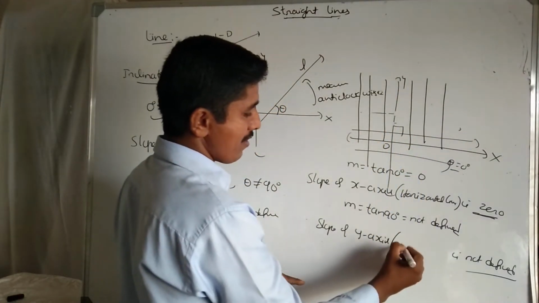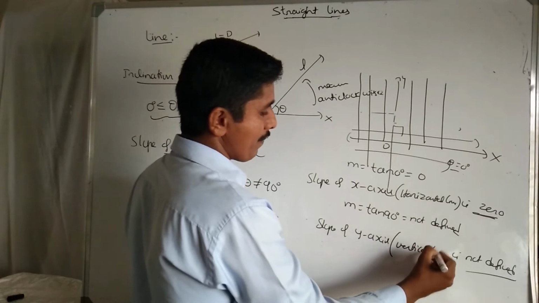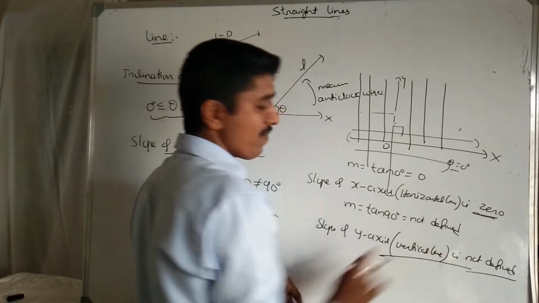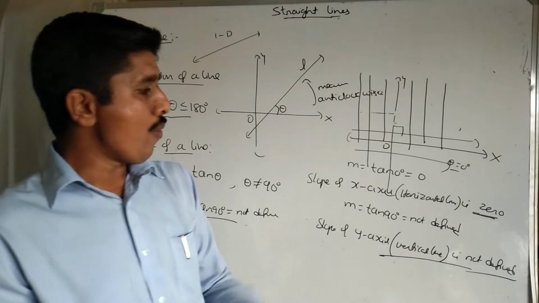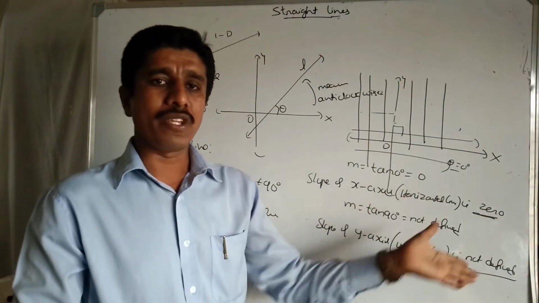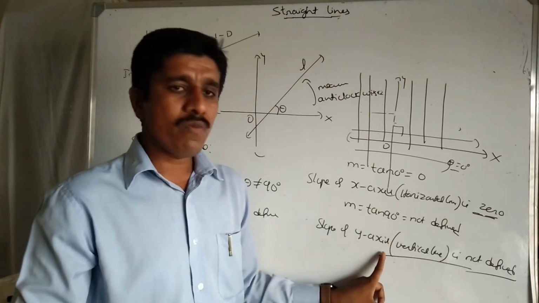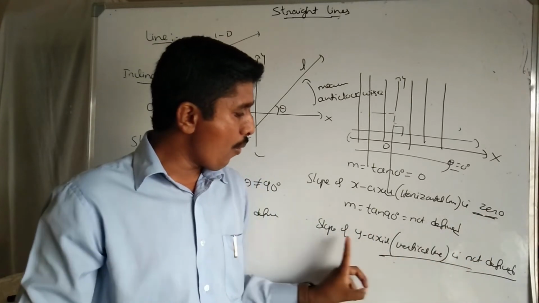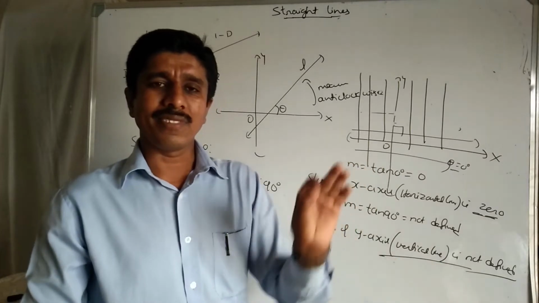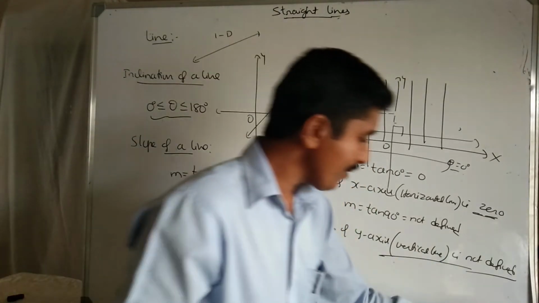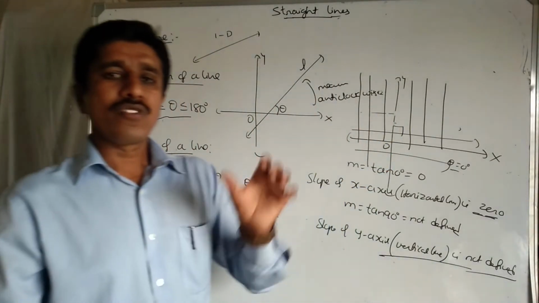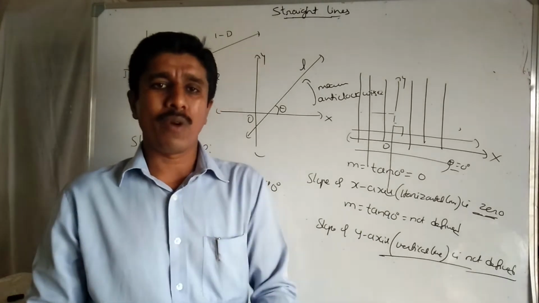Slope of y-axis or vertical line is not defined. Very important. Slope of x-axis is 0. Slope of horizontal line is 0. Slope of y-axis? Not defined. Slope of vertical line? Not defined.